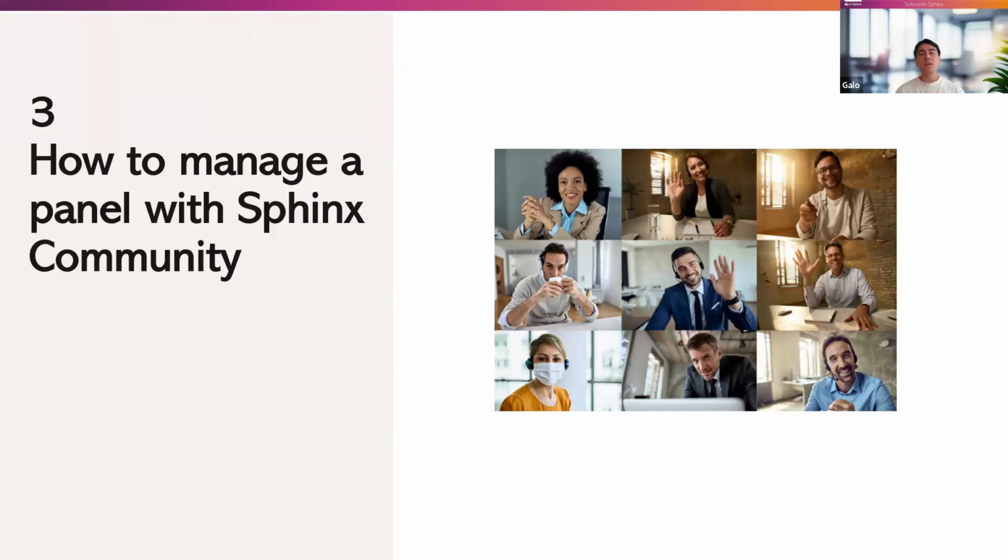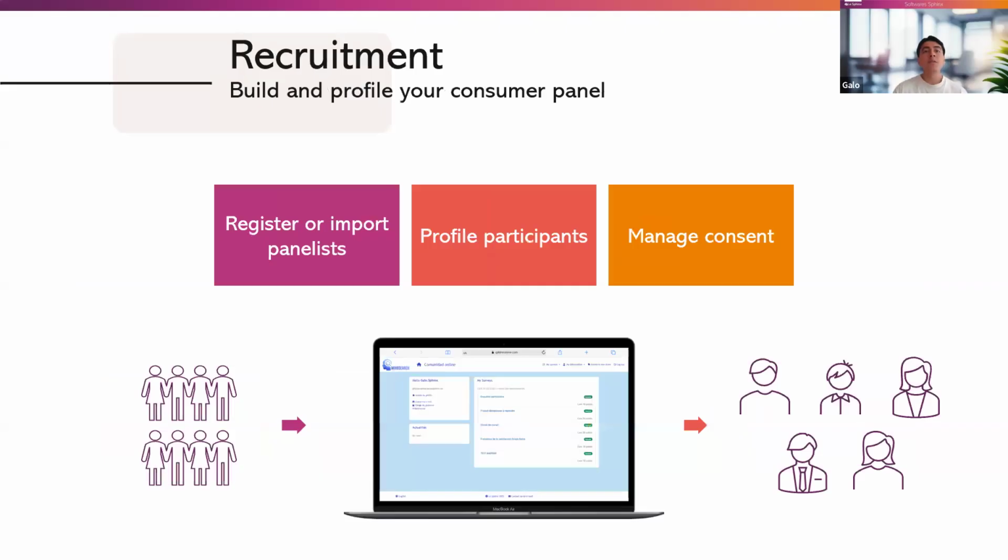So after mentioning all the types of panels that exist out there, I am going to talk about how you can manage a panel with Sphinx Community. So first, what you are going to do is the recruitment process. For example, in here, you can send them a survey in order to register to your panel, or you could already have, let's say, a database that you can import to register your panelists.